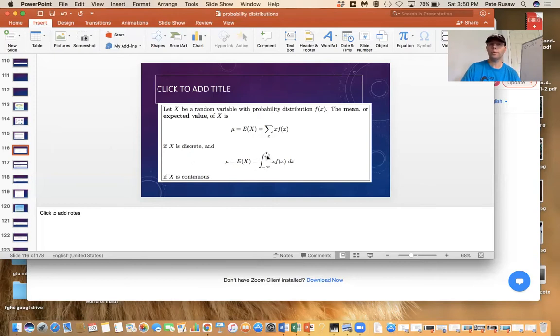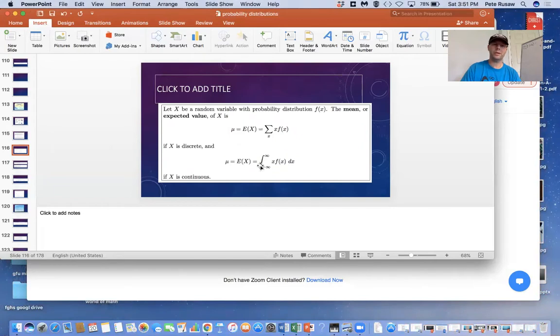On the whole domain, we take the integral of x times f of x dx. So essentially, we're summing up a weighted average. Just remember that this is the way to calculate an average on a generic probability distribution. However, when we get to specific ones, we'll have shortcut formulas where we don't have to do this every time.